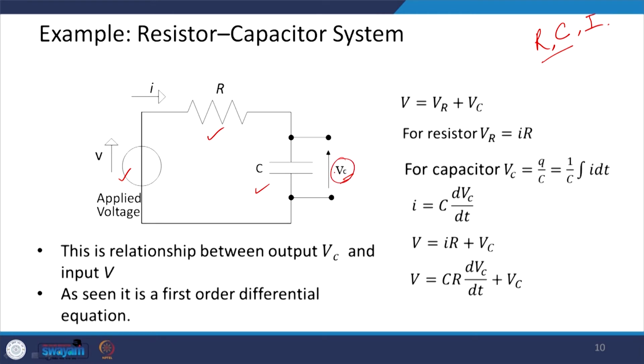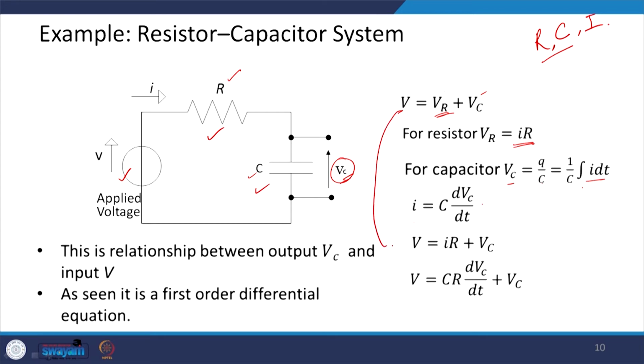I can apply the Kirchhoff's voltage law. So this V will be actually VR plus Vc, that is voltage across resistor and voltage across capacitor. For VR I can write the equation as I into R, because it is a resistor, and for the capacitor Vc is actually Q by C, or it is integral I dt by C. So I get I as C dVc by dt, and now I can substitute here.